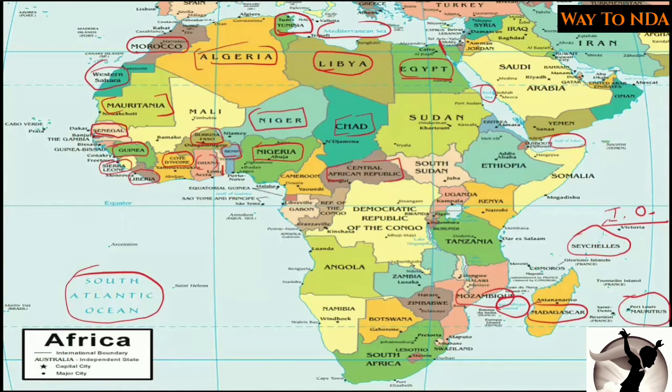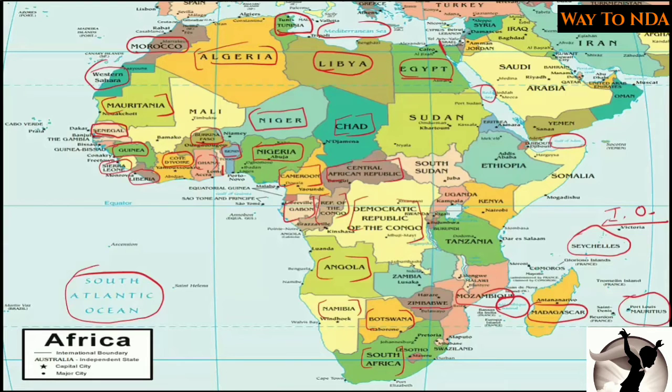Here this is Cameroon, and this is Gabon, and this is Republic of Congo, and this is Democratic Republic of Congo, and this is Angola. Here this is Namibia. In the south, this is South Africa, and here is Botswana.